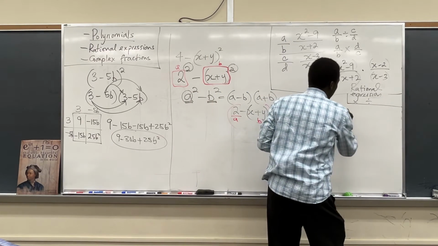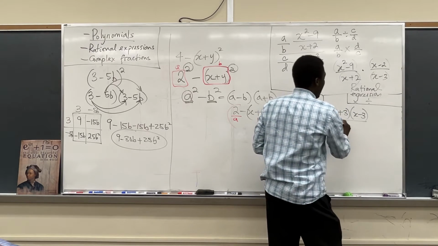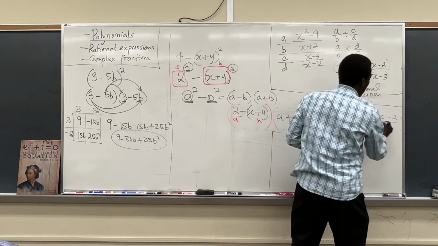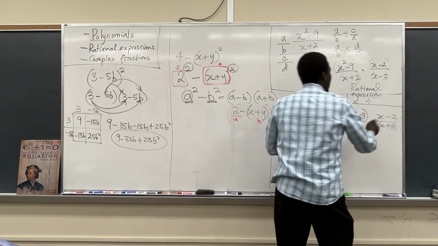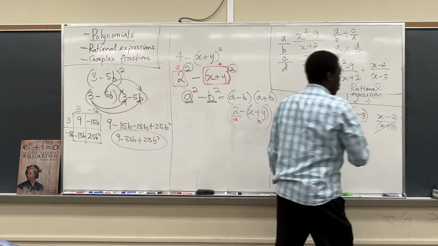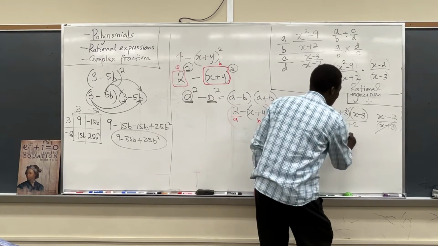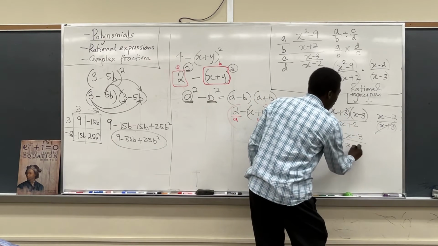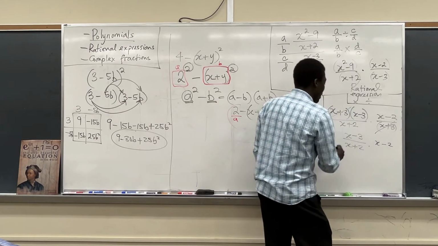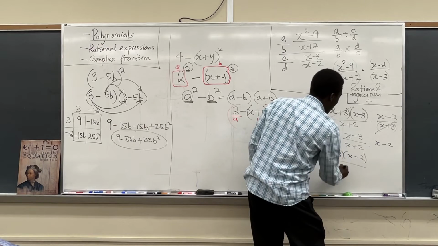It becomes (x plus 3)(x minus 3), divided by (x plus 2) times (x minus 2) over (x plus 3). This is what I've told us about before. The beauty of being able to cancel terms that are the same is a wonderful thing. And so we're going to cancel those out. We get (x minus 3) over (x plus 2) times (x minus 2) there. And our final answer would just be (x minus 3)(x minus 2) divided by (x plus 2).